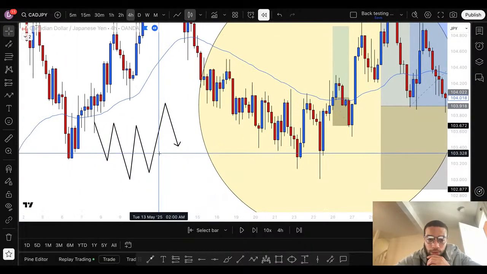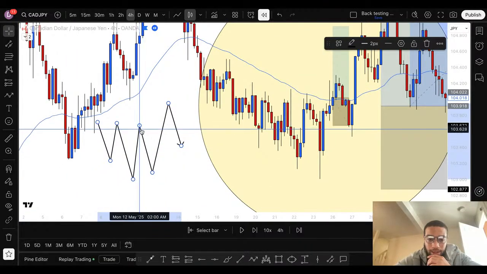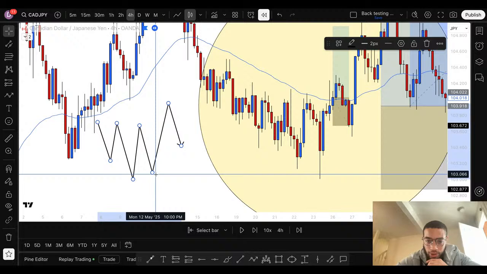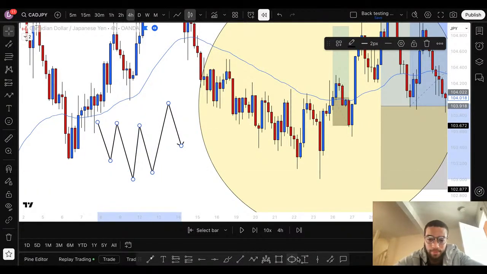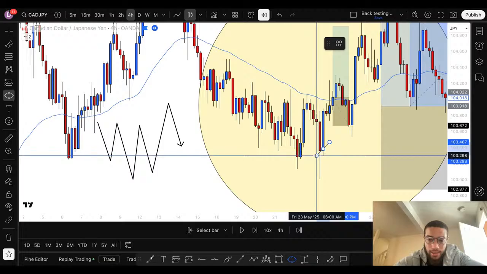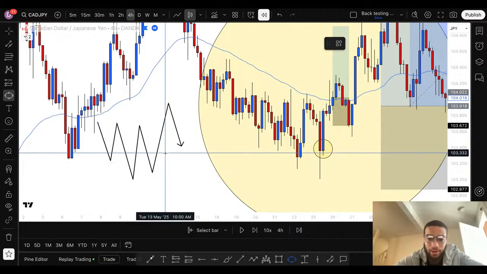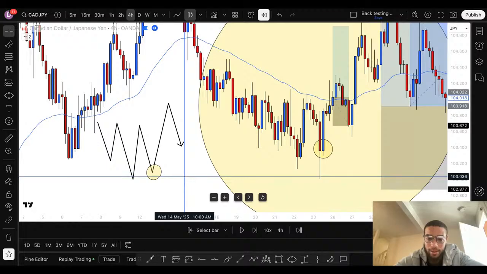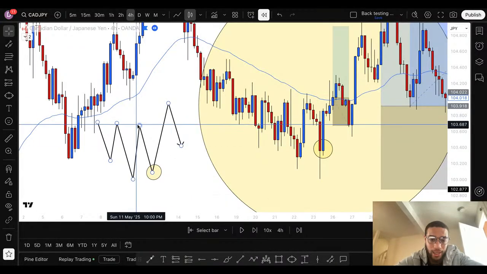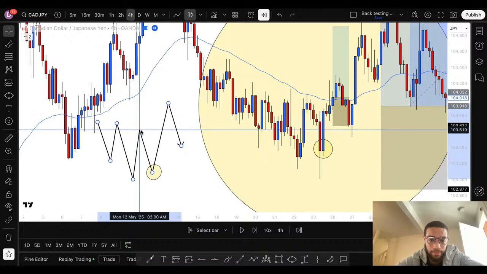So when we go to the drawing, the market did not shift structure. We were still technically bearish, which means this isn't a higher low. This isn't a higher low. That's on the way to create a lower low because the market here closed below. It did not close above.